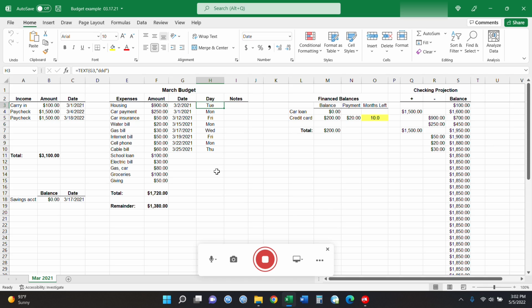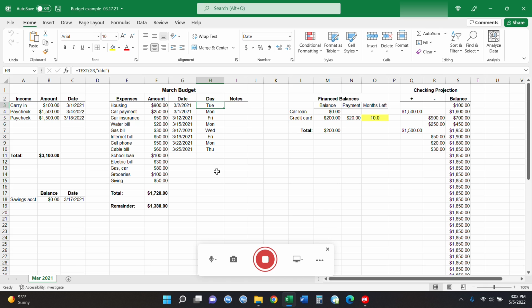So if you have something set up in here for, say, an automatic payment, which might be something you could put in the notes column, then you have the option of knowing, okay, this bill is scheduled on a particular day of the week. Is it going to process through normally, or is there likely going to be some delay based on the day of the week? Because a lot of these things are not going to process, if any of them, on the weekends.